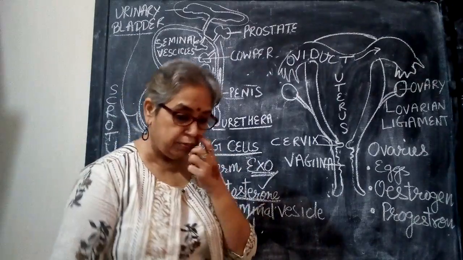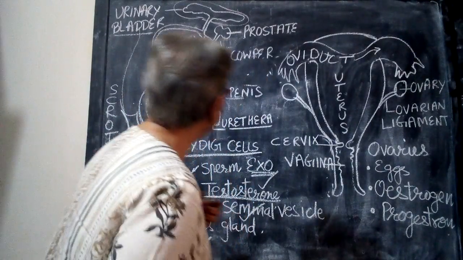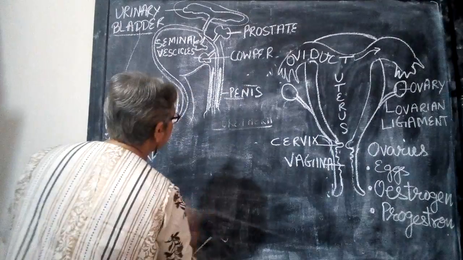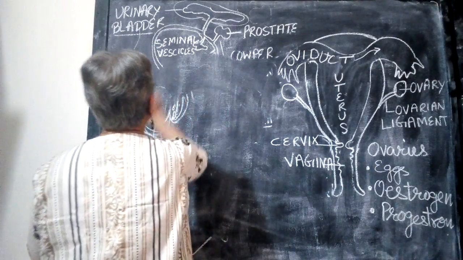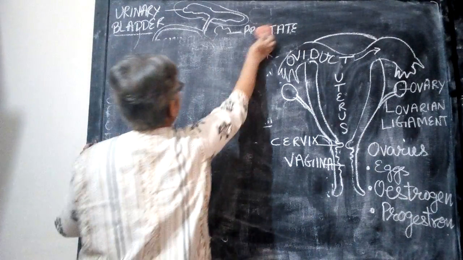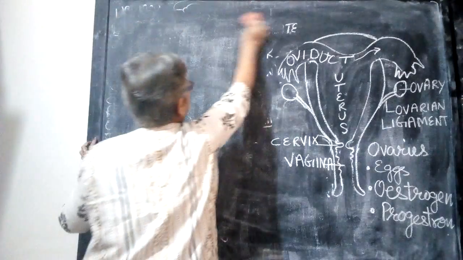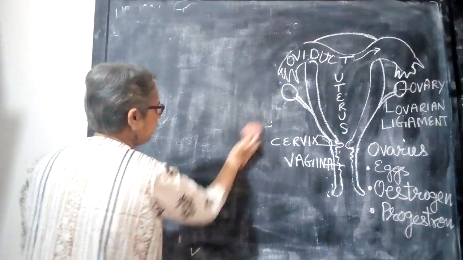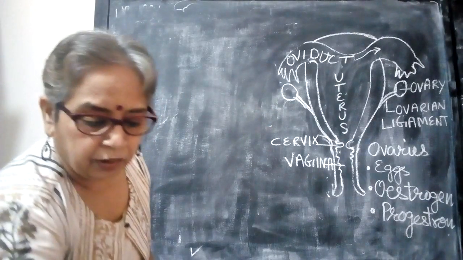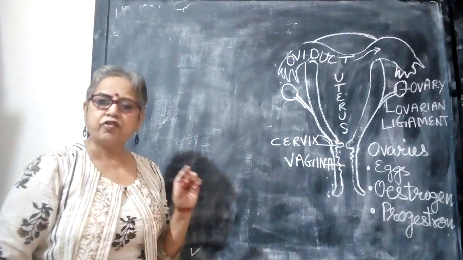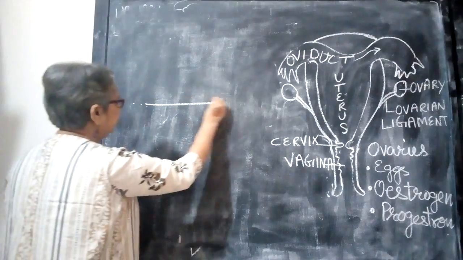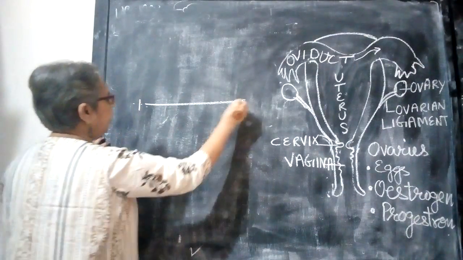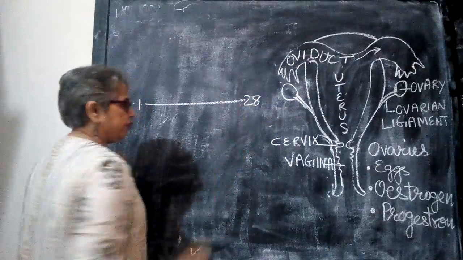When we talk about a cycle, students, there is a cycle of generally 28 days. The length may vary from female to female. Now, what happens during these 28 days is, if we take a time graph of 1 to 28 days.